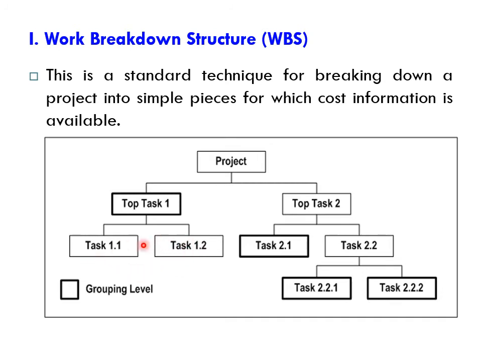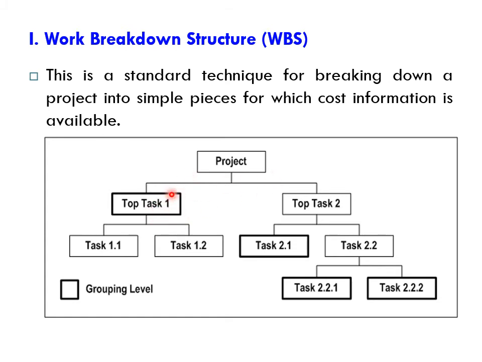Look, for example, this is the complete project. We can divide this complete project into two major categories or tasks. Then we can further divide task 1 into two subcomponents and task 2 also into subcomponents. And as you can see, we can see the relation between these tasks. Task 1.1 and task 1.2 are related in completing task 1.